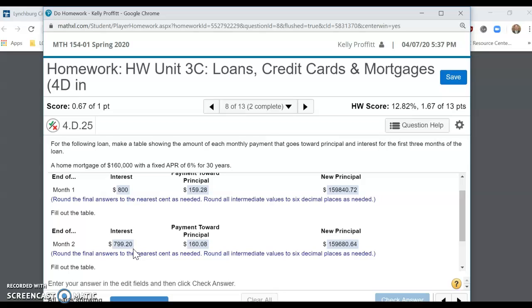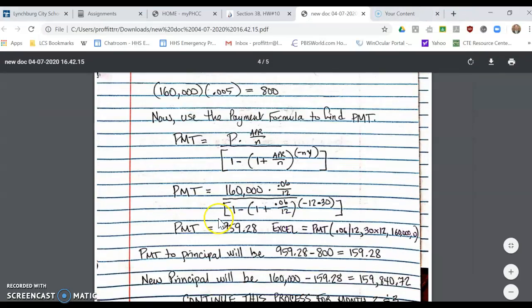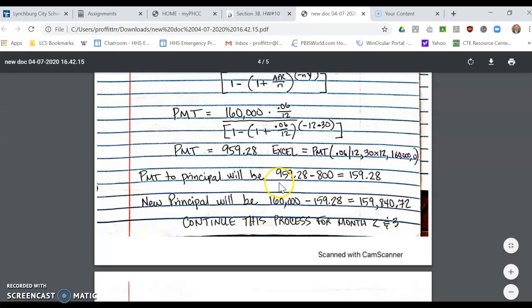Now, the monthly payment is the same as it was. It's constant. So we're going to take the $799.20 and subtract that from the payment of $959.28. Now it won't be $800 for month 2.